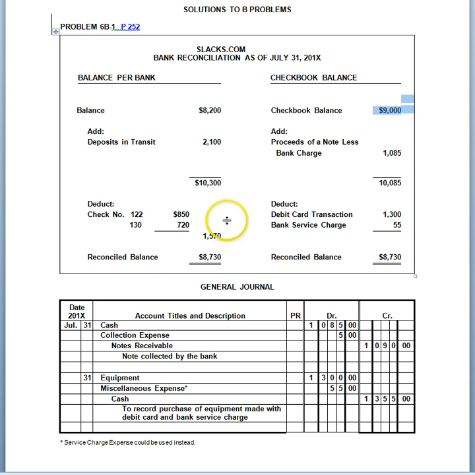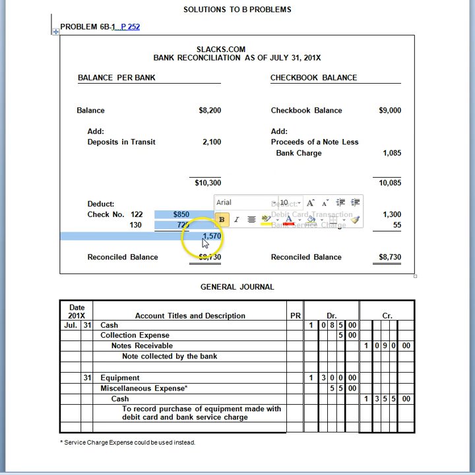So if they are in fact subtracted already from our books, the purpose of the reconciliation is to get the two balances in sync, so that that same 1570, which has already been subtracted here, has to be subtracted on the balance per the bank side of the reconciliation.